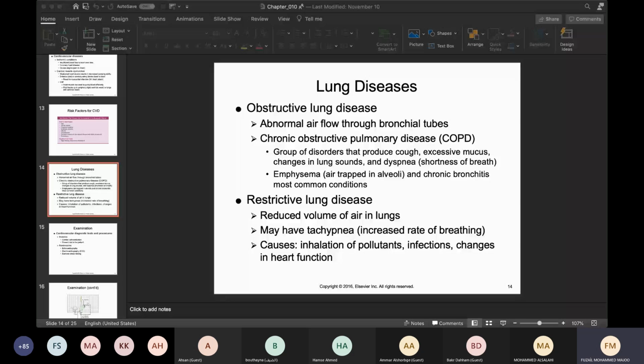In addition to that, you want to look at weight control methods, how they're able to control their blood pressure, and what they can do for cholesterol management. And one of the main things is avoiding smoking. Okay, so that is all for this.